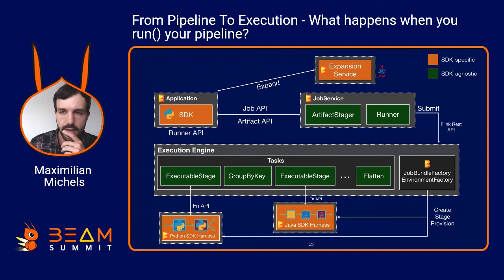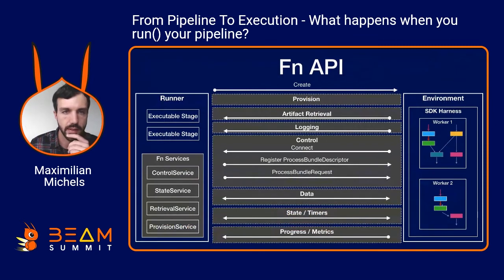And to finally conclude this talk, I want to take a look at the Fun API itself. So what happens there? I mentioned state and timers already, but basically you have the executable stages on the runner side, and you have these services running.